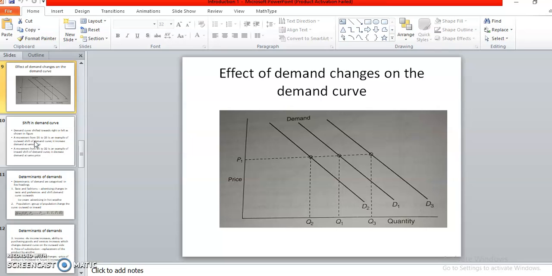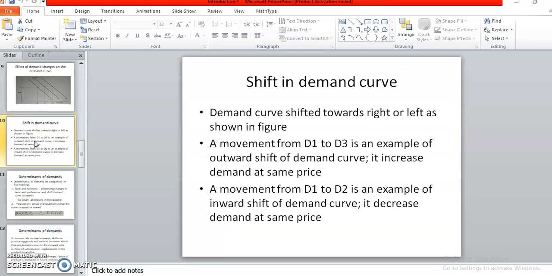We can observe this in this figure. Here, the demand curve D1 is shifted to the right as D3, and the demand curve D1 is shifted to the left as D2, according to purchasing power and the substitution effect.